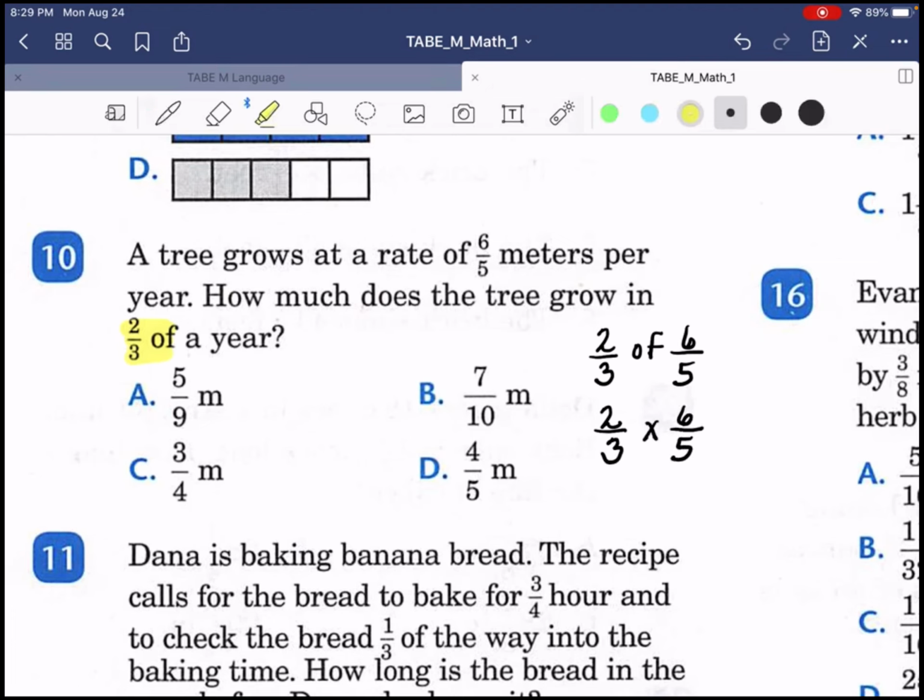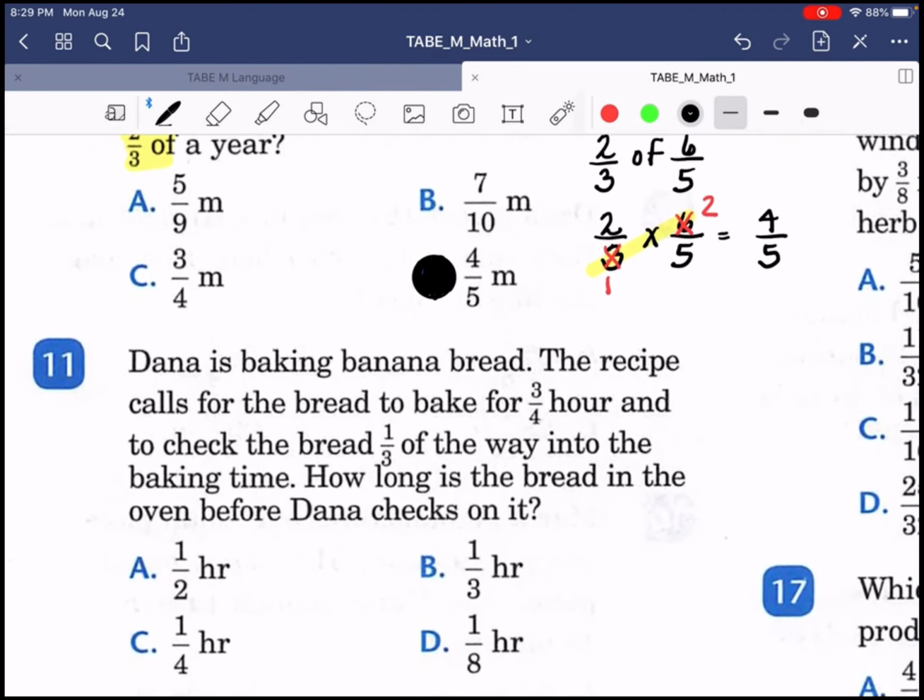You can cancel. 3 into 3 is 1, and 3 into 6 is 2. And then 2 times 2 is 4, and 1 times 5 is 5. And that is our answer. It won't simplify. So 4/5, that is D.